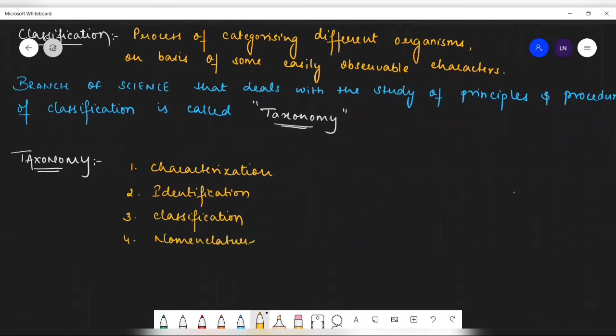So taxonomy includes characterization, identification, classification, and nomenclature. Clear, all of you?